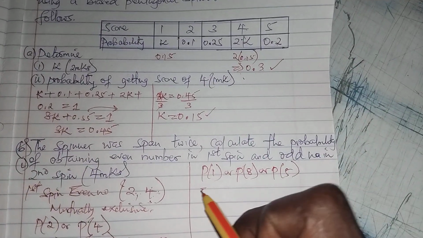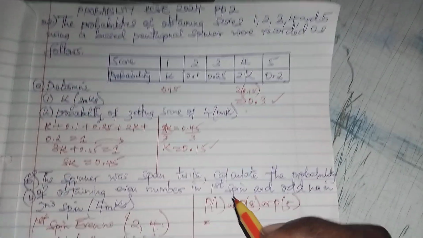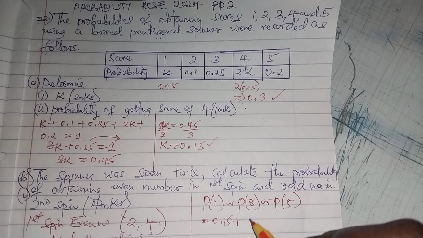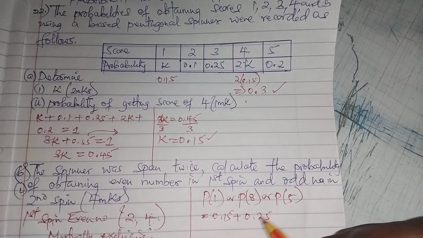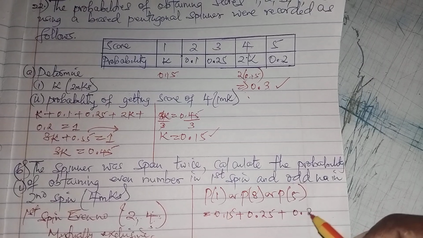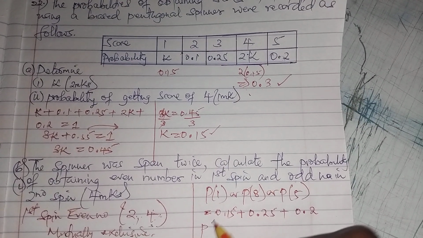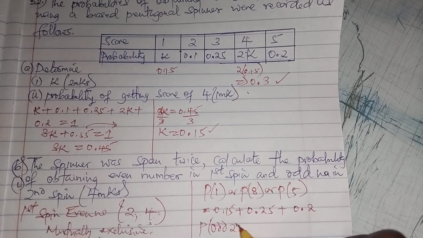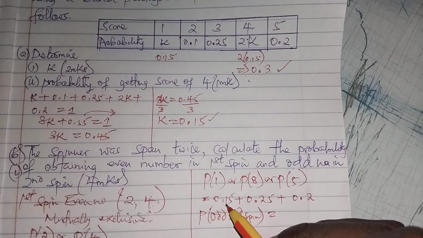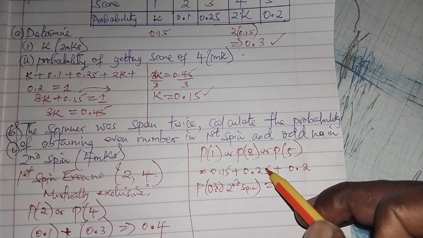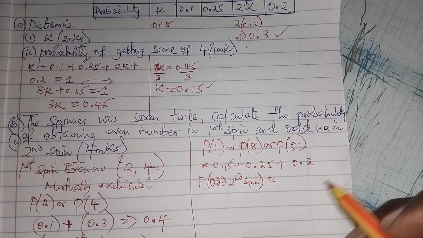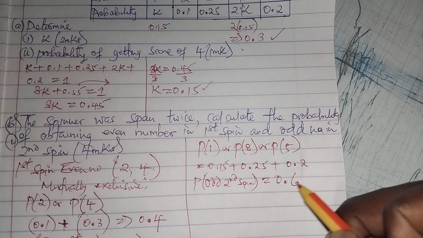So the probability of getting 1 is 0.15 plus the probability of getting 3 is 0.25, then score 5 is 0.2. So the total probability of getting odd in the second spin will be 0.15 plus 0.25, which is 0.4, plus 0.2 gets 0.6.